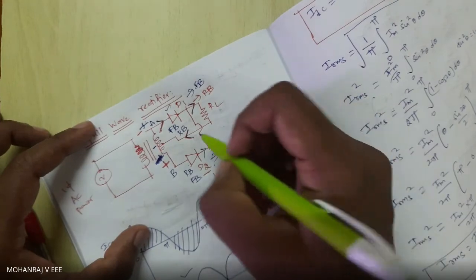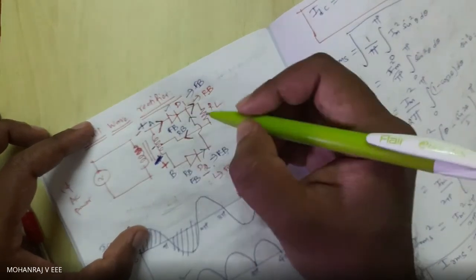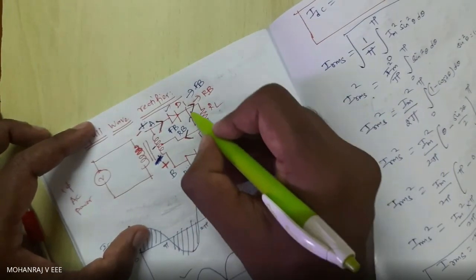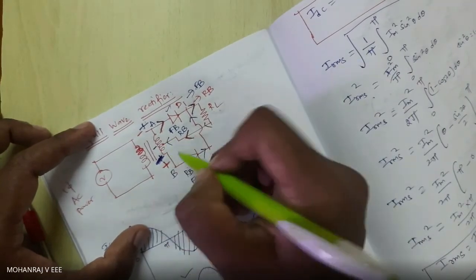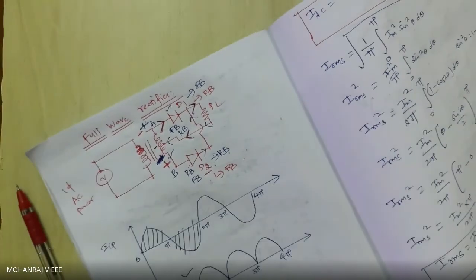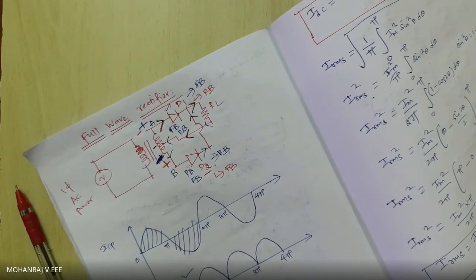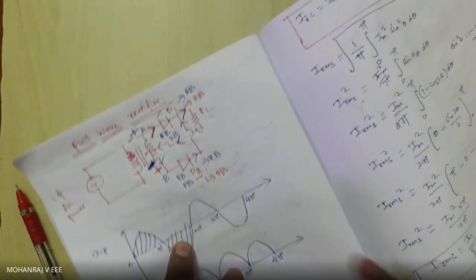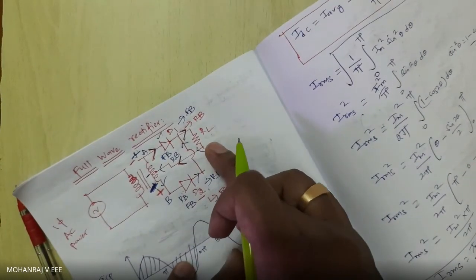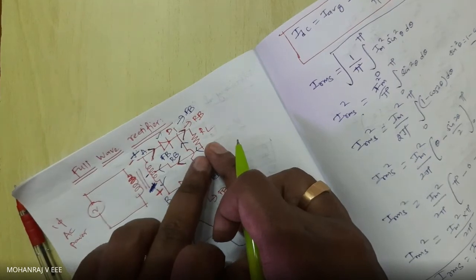This is my current direction. But during both the positive cycle and the negative cycle, the current direction in my load, or the output current direction, remains the same.